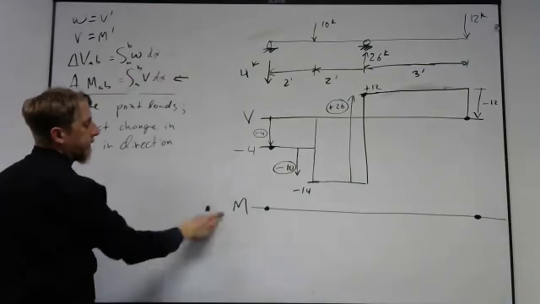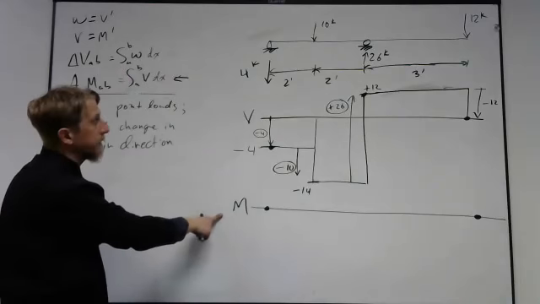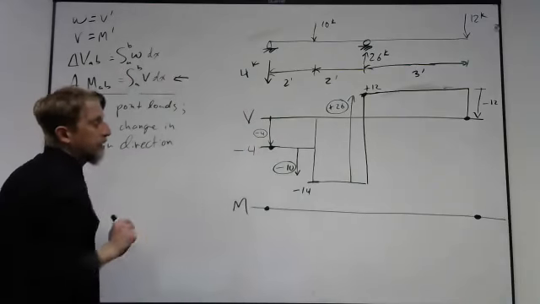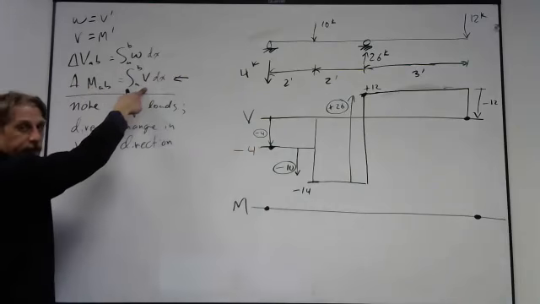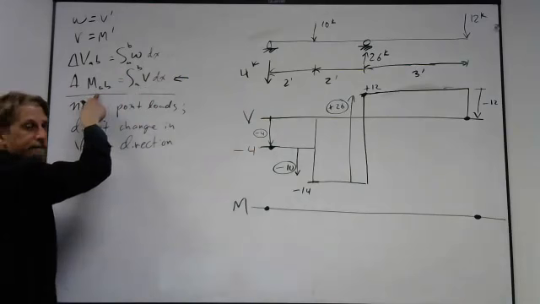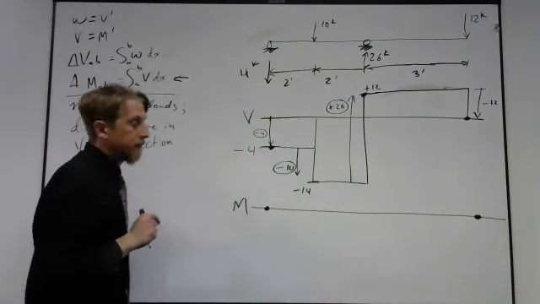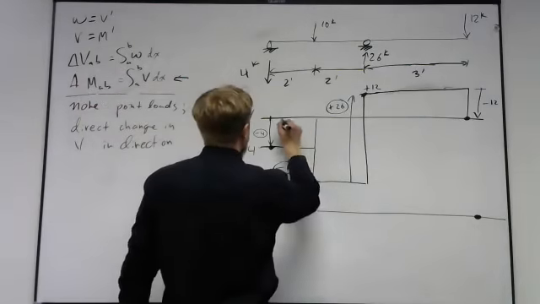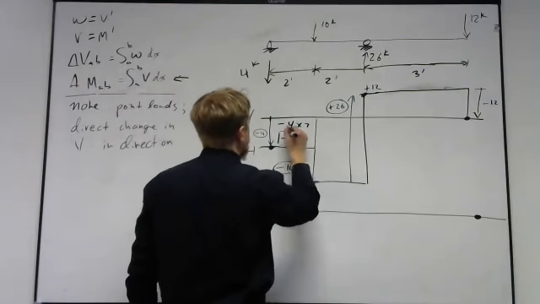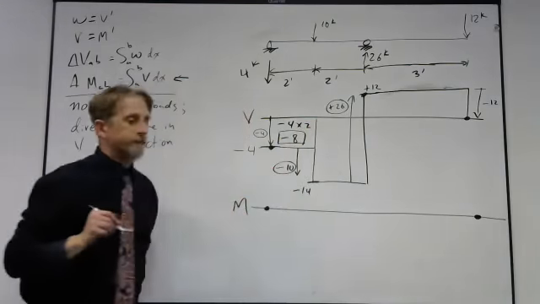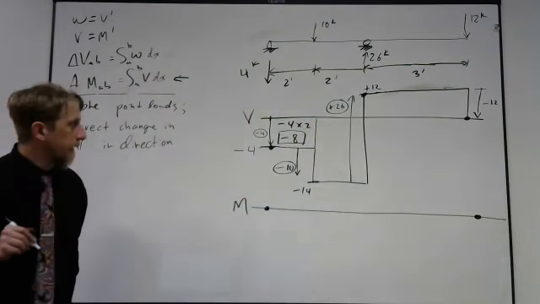Okay, so going from V to M, I'm going to start computing areas. I would have computed them here, but I didn't have any W. So the area under the V curve is going to be the change in M. So let's compute those. This is really easy. These are the shapes. So this is -4 times 2, minus 8. Okay, we get a negative area.